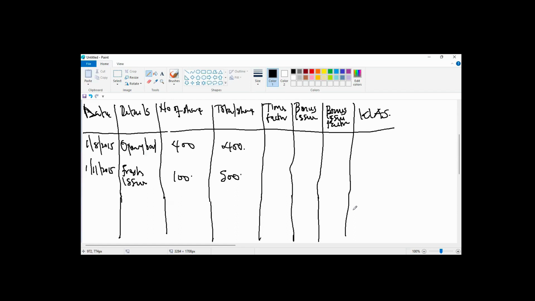150 million ordinary shares were issued for cash to an existing shareholder. Two things can be issued to an existing shareholder: either a bonus issue or a fresh issue. Don't forget, a bonus issue is at no cost. Nothing is involved. But for cash, that means it's a rights issue, not a bonus issue, on 1st February 2016.